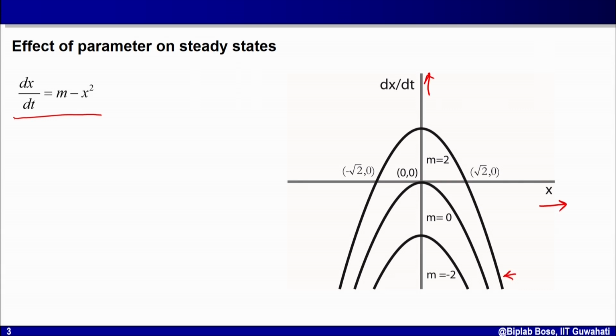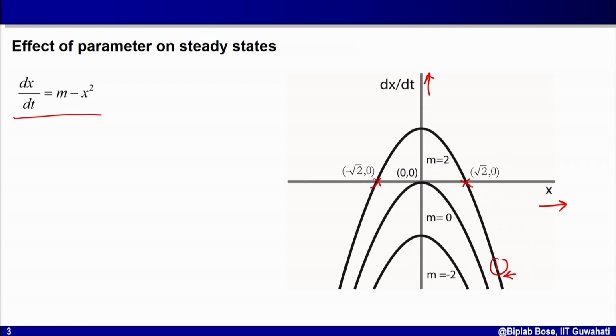Now when m is a positive value, then I have this first parabola. And as you can see, this parabola is intersecting the x-axis at two positions. At these two positions, dx/dt is equal to 0.